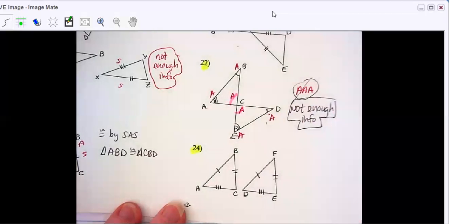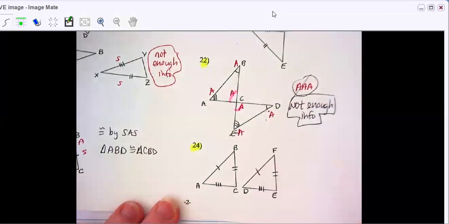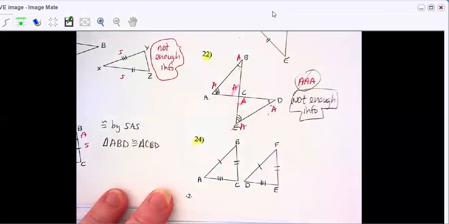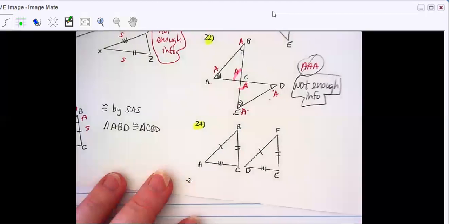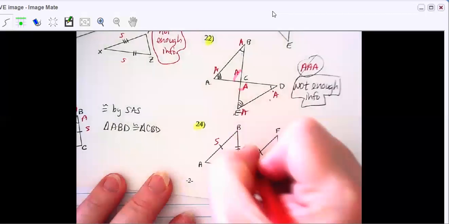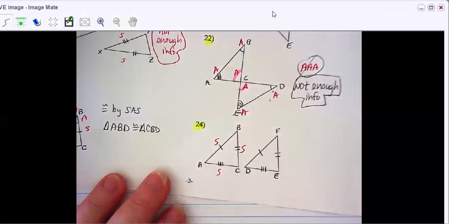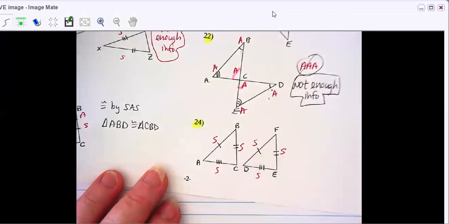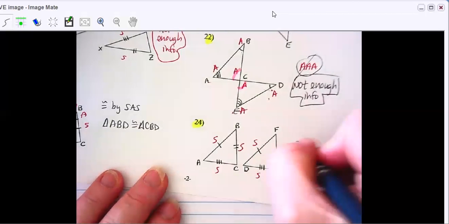And then this one, 24, over here, just marking our sides. First of all, there's no vertical angles, there's no common side. So we have a side and a side, and over here we have a side and a side. So what reason do you think we're going to use for this one? SSS. SSS, nice. So congruent by SSS.